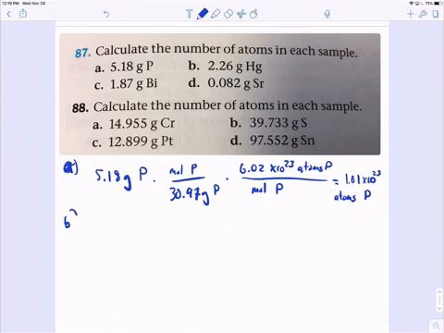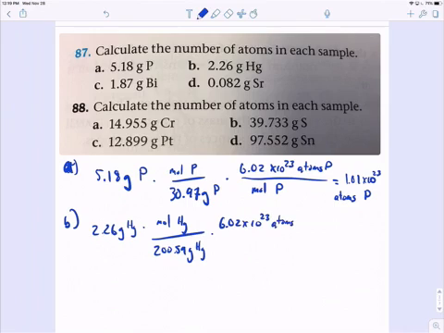That's an A. B. 2.26 grams of mercury times mole mercury over 200.59. And I will take a photo of this.